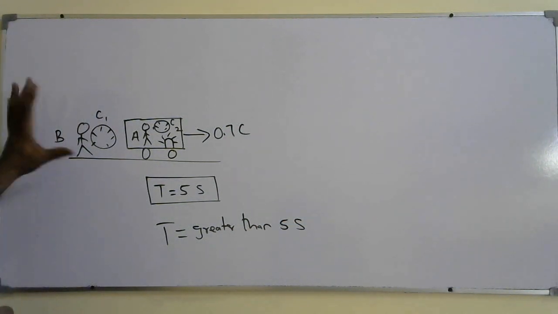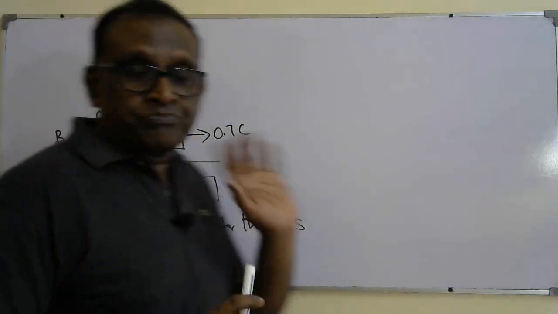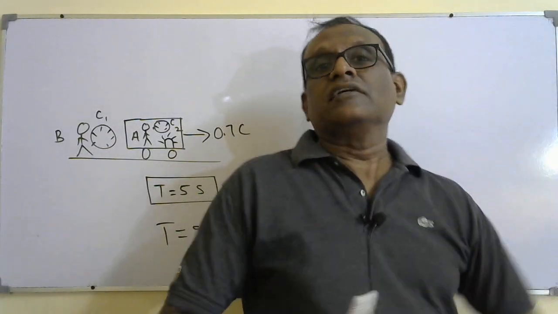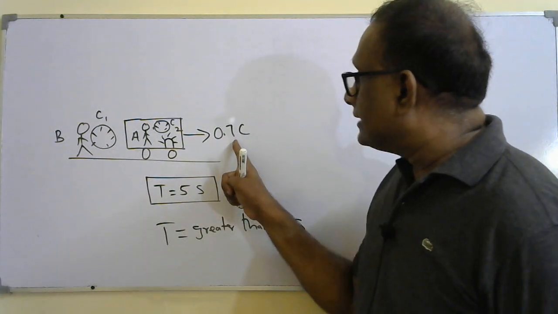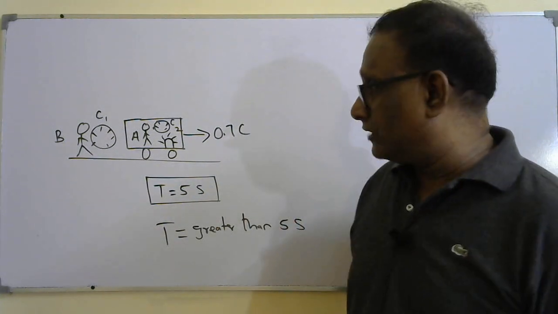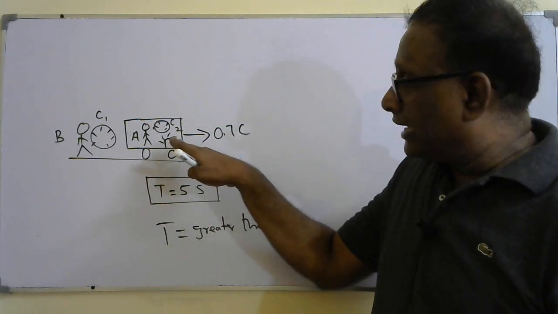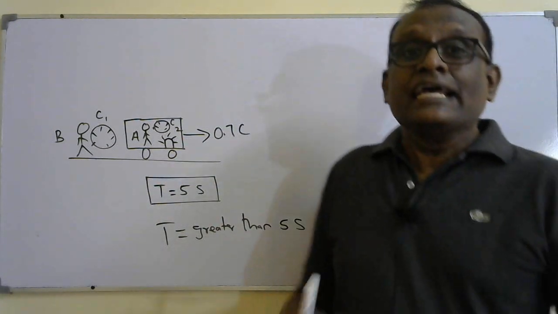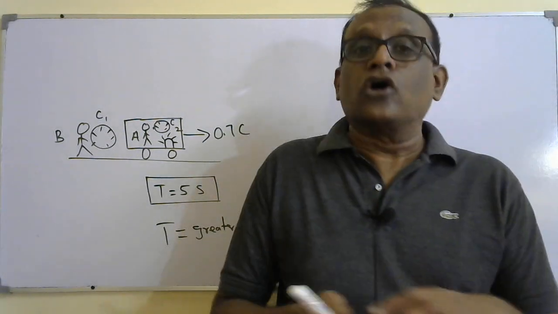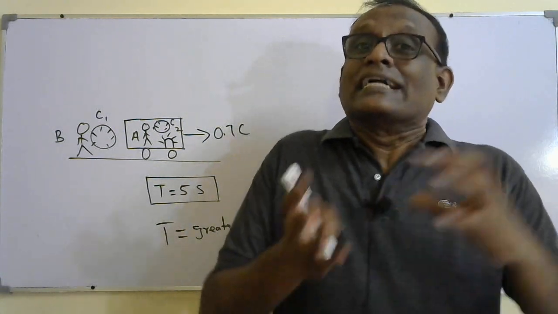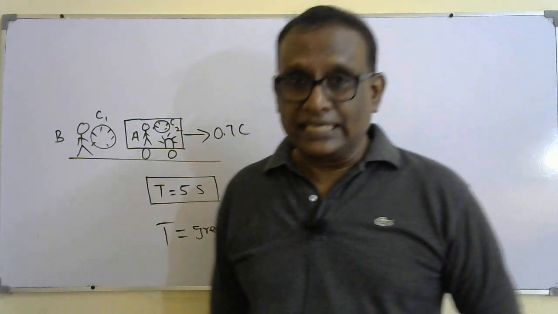That means B will argue, when the car moves at very high speed, almost at the speed of light, or 70% of the speed of light, the event, that is emission of a pulse of light from the moving vehicle, is delayed or slowing down, or there is time dilation happening.